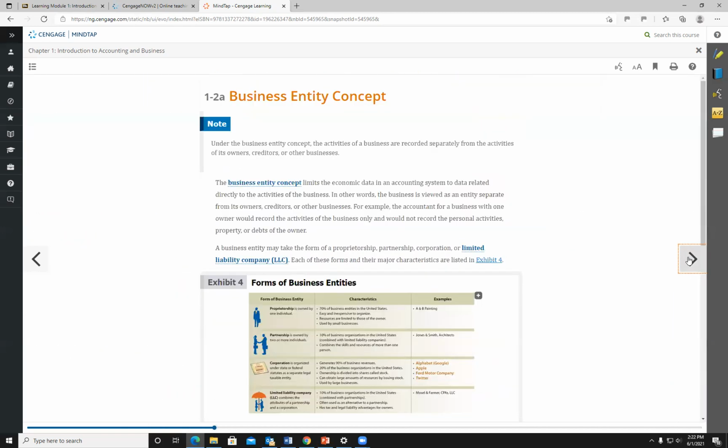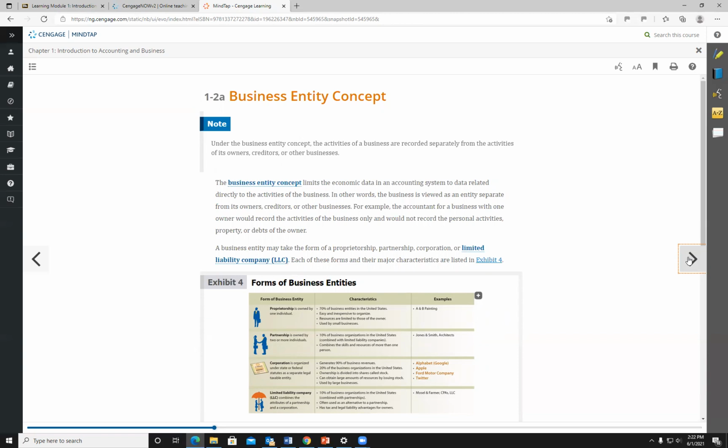So, business entity concept, another new term that we're learning. What is a business entity? Whether you are a sole proprietorship, a partnership, or a limited liability company, the accountant is in charge of recording the transactions solely for the business, and not for the personal activities of the owners.